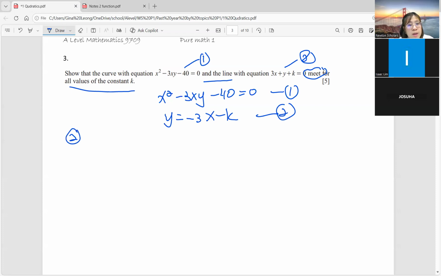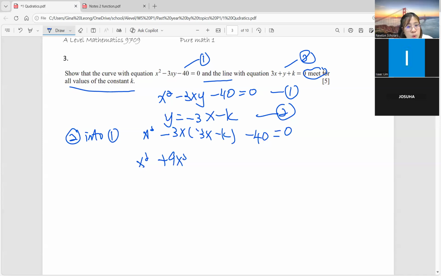So you replace equation 2 into your equation 1. You sub in, okay, you will get x squared minus 3xy minus 40 equal to 0. From here, you try to simplify. I will get 9x squared plus 3kx minus 40 equal to 0. So we simplify, we will get 10x squared plus 3kx minus 40 equal to 0.